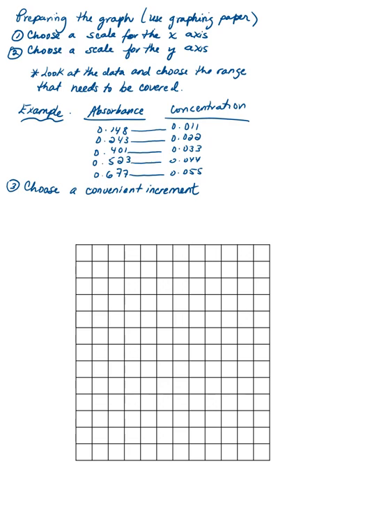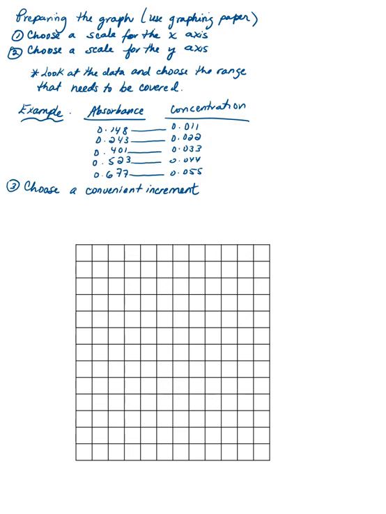So I have some numbers here. This is an example. Looking at your absorbances, you have 0.148, 0.243, 0.401, 0.523, and the highest one is 0.677. So looking at those numbers, you need a range of absorbances that goes from 0 all the way to maybe 0.7, because the highest one is just 0.677.